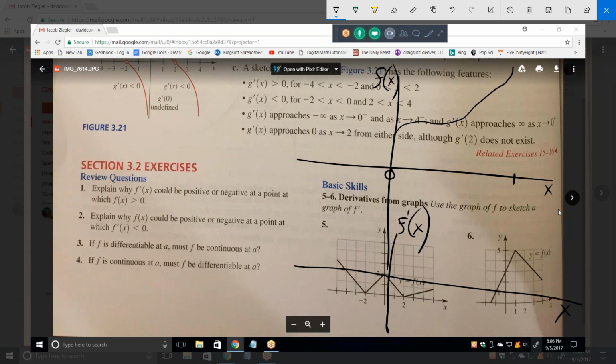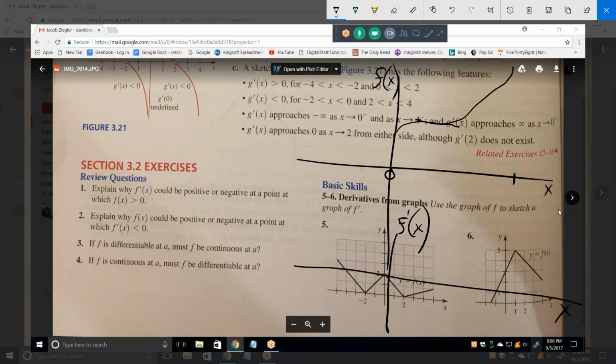Positive. Is there any place where it's not positive? No. Well, actually, I made a little bit of a mistake there. One could argue that that's negative, but you see why that might be negative? Yeah, I do. I didn't intend to draw it like that. I did intend to draw it where it was all positive.